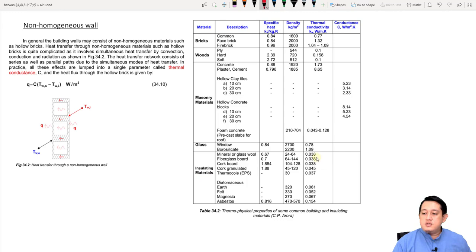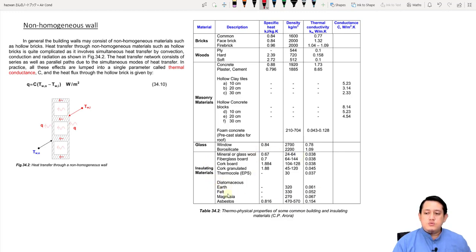For insulating materials, as you can see here, the number is much lower than the bricks and also the glass. So what does it mean? It means that if we have a lower number here, it is much harder for the heat to be transferred from the outside to the inside. Insulate means that we want to prevent or minimize the heat transfer. So that's why we use insulating materials.